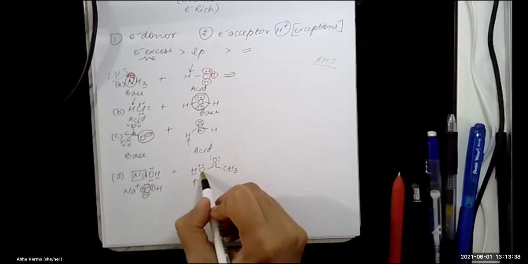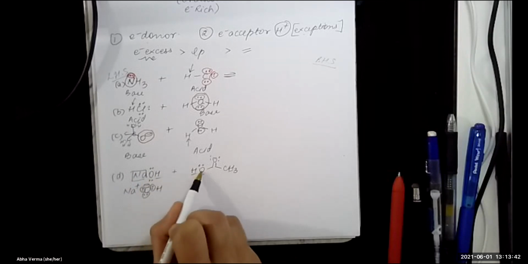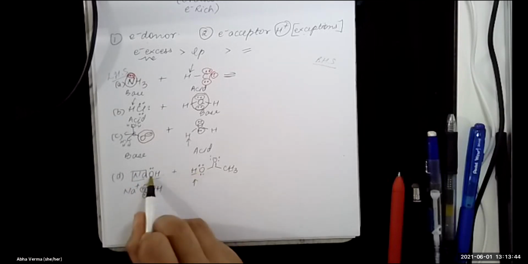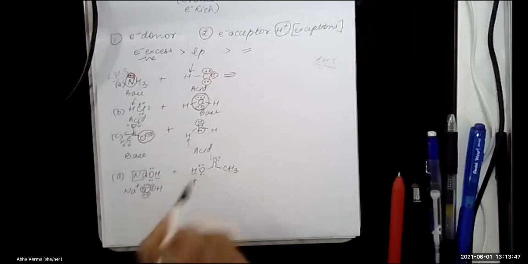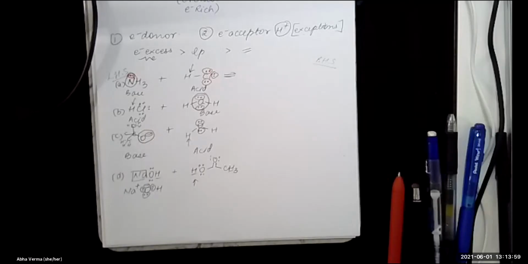So you have this oxygen with the hydrogen and you have this oxygen with the hydrogen. Which out of these oxygens can donate electrons better than the other? NaOH. Salome Blackwell, are you here? Yes, ma'am.